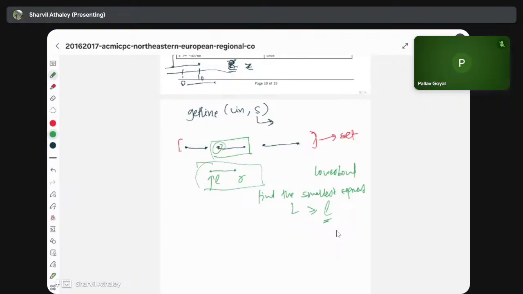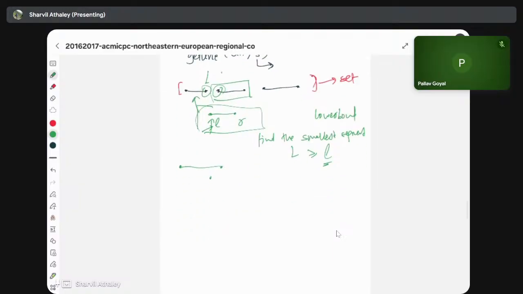And now as all of these segments are disjoint, there can be at most one segment that has its R greater than or equal to L. So basically what I'm saying is that when you find the segment that has its L value greater than your value L, there can be at most one such segment, which will be provided by your set, that you can union with this segment.